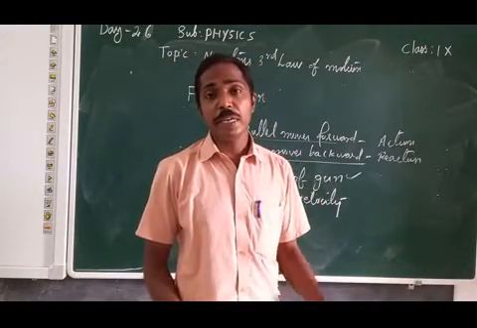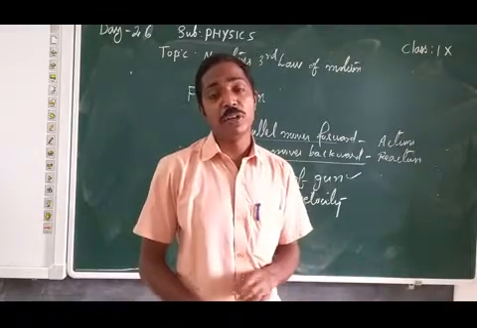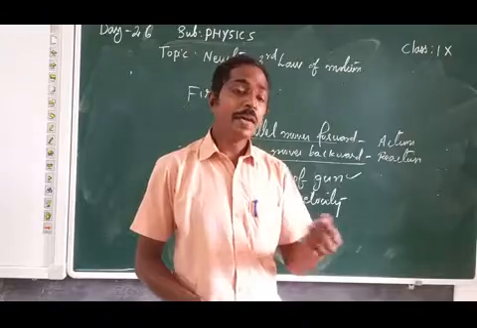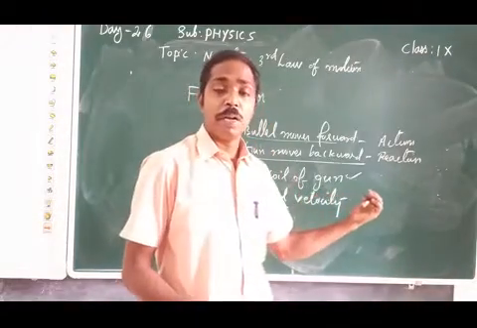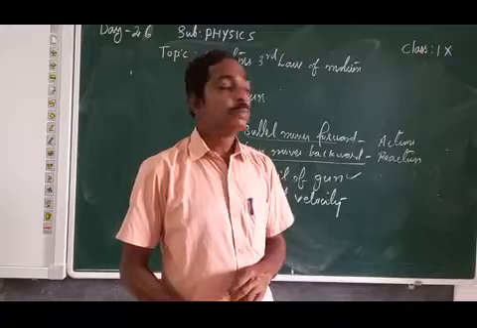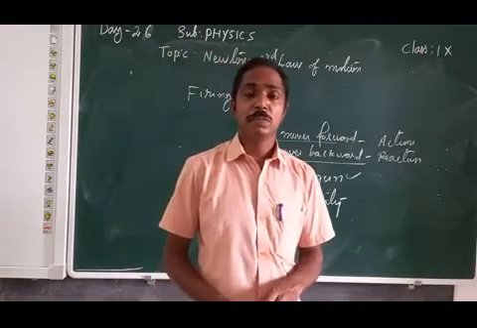Which is greater in magnitude, the forward velocity or the recoil velocity? The forward velocity. With a certain velocity, the pistol or gun moves backward. This velocity is known as recoil velocity.